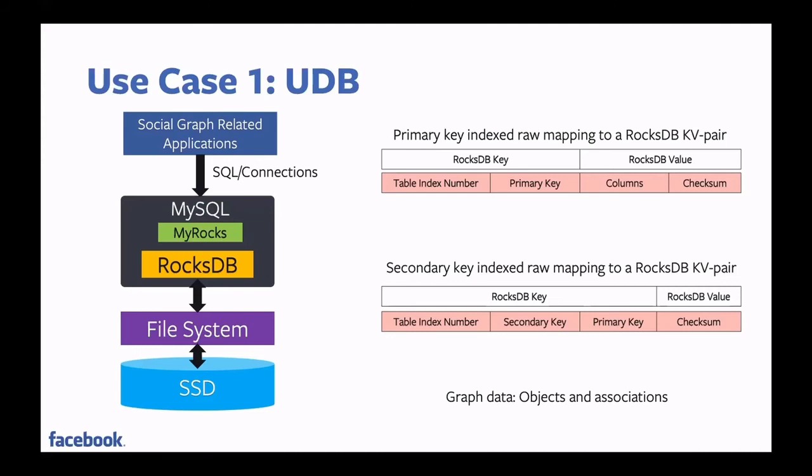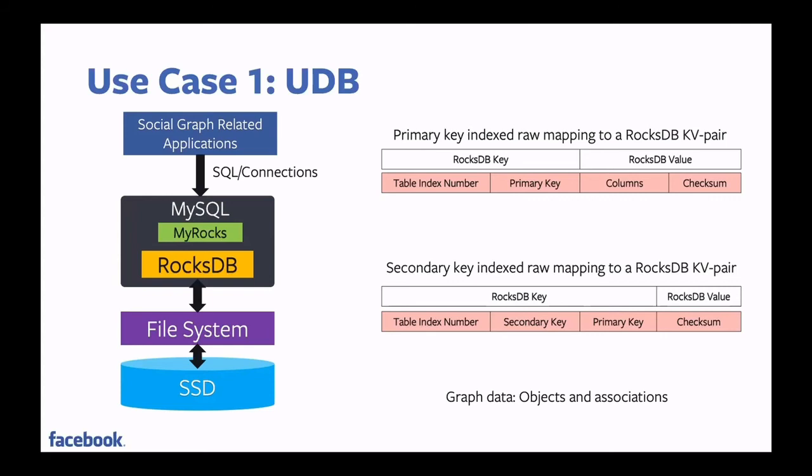You can look at the papers about this partitioning. Each graph partition will be stored in one MySQL table, so there are some interesting localities. Furthermore, we call the vertices objects and the edges associations. So we use different column families in RocksDB to store the objects, associations, and the secondary association indexes.